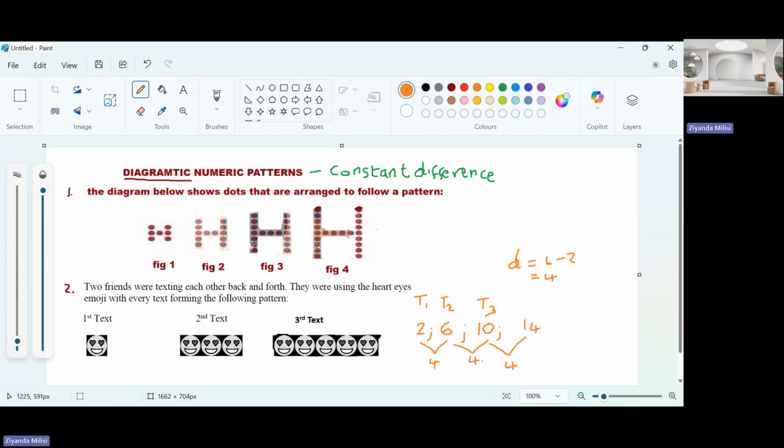So we will work out the general rule now for this one. Let's work out first what number came before 2, where we added 4 and gave us 2. What number could be that?